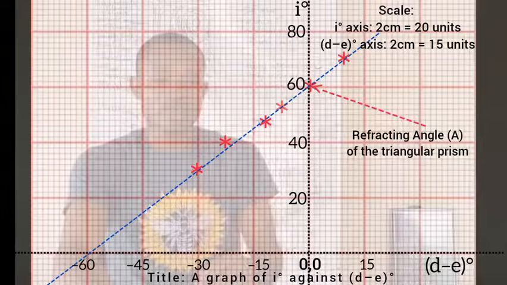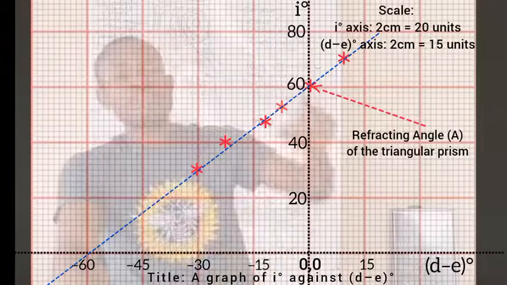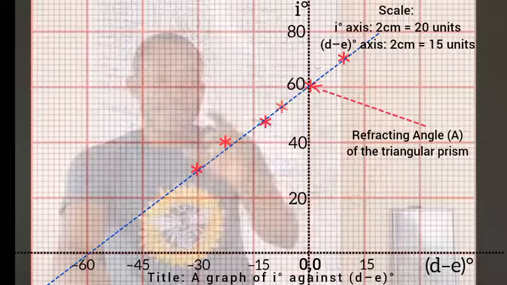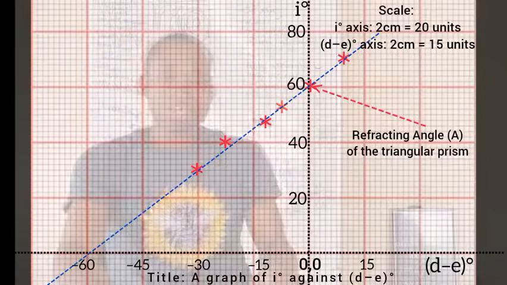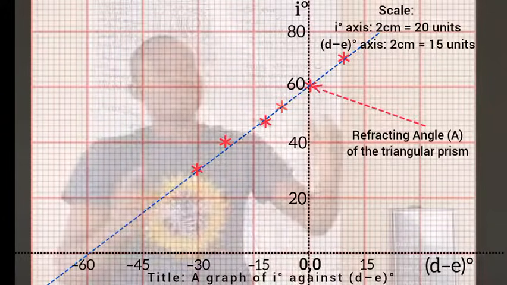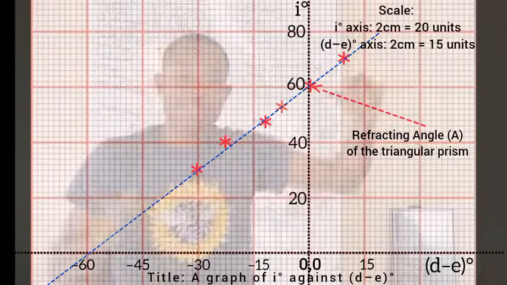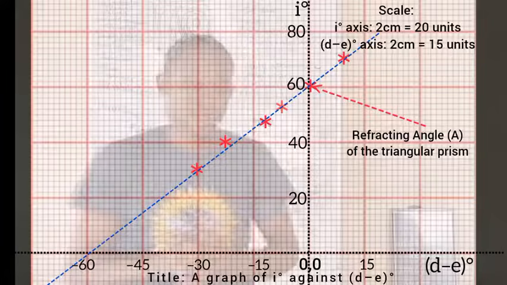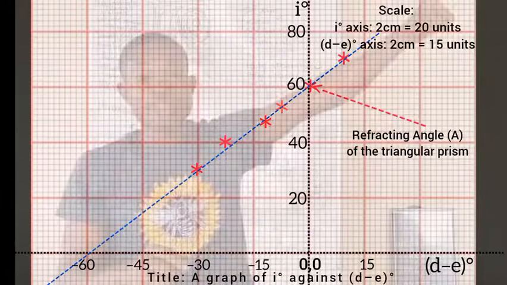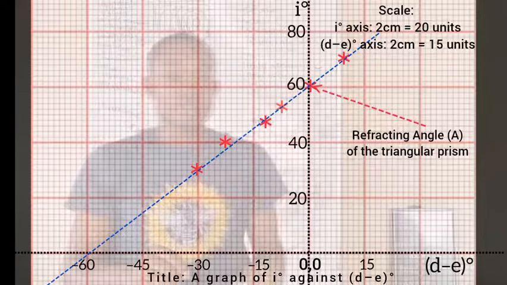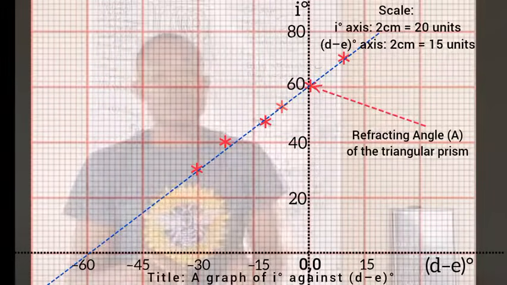It was 60 degrees. So if the intercept of our graph is equal to A, and A is the refracting angle, it simply means that in answering the question, what does the intercept of both axes of this graph represent? As you draw this line of best fit, it cuts the vertical axis I at 60 degrees, cuts the horizontal axis D minus E at 60 degrees.